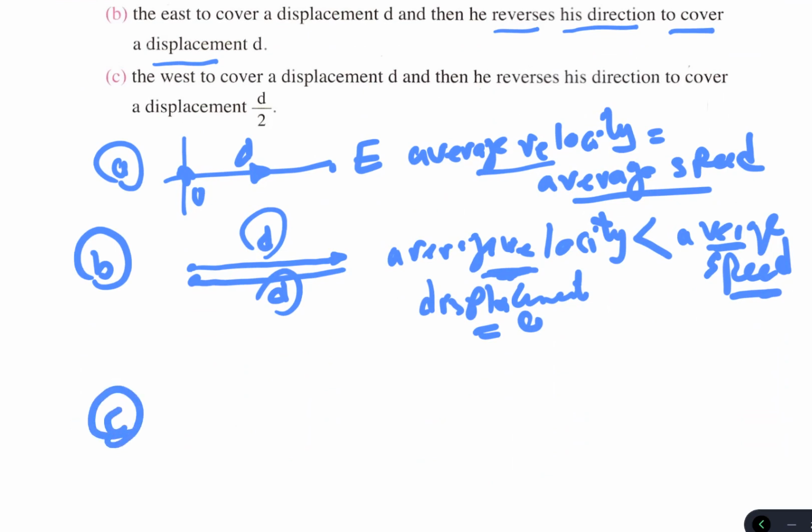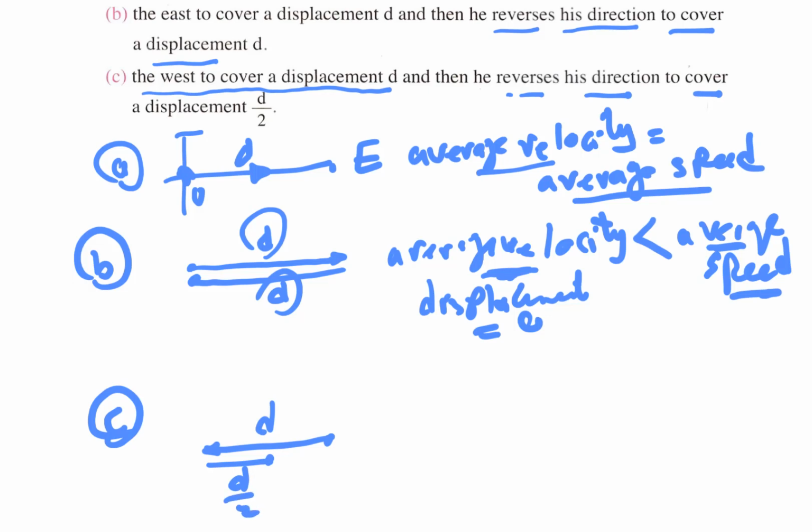For letter C, the man moves to the west to cover displacement D, and then he reverses his direction to cover displacement D over 2.